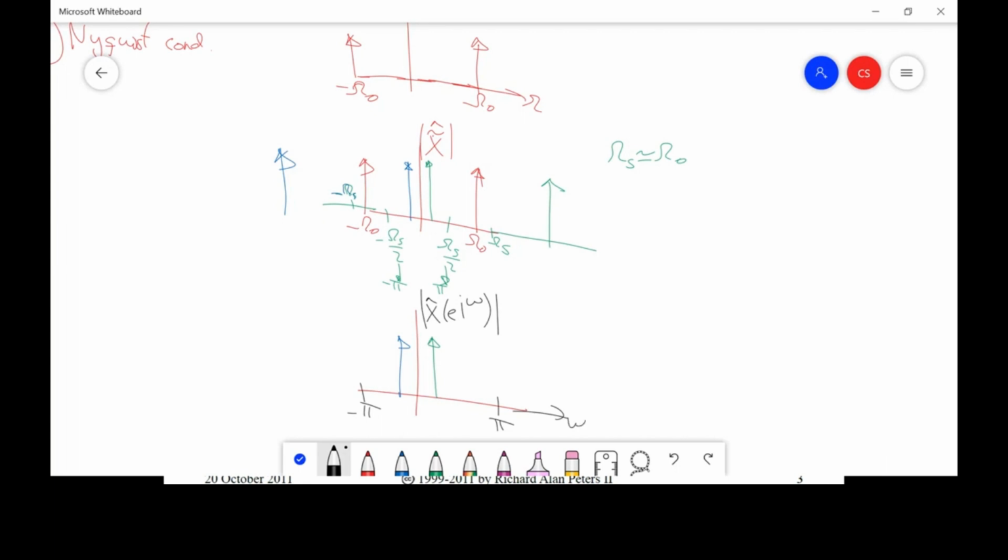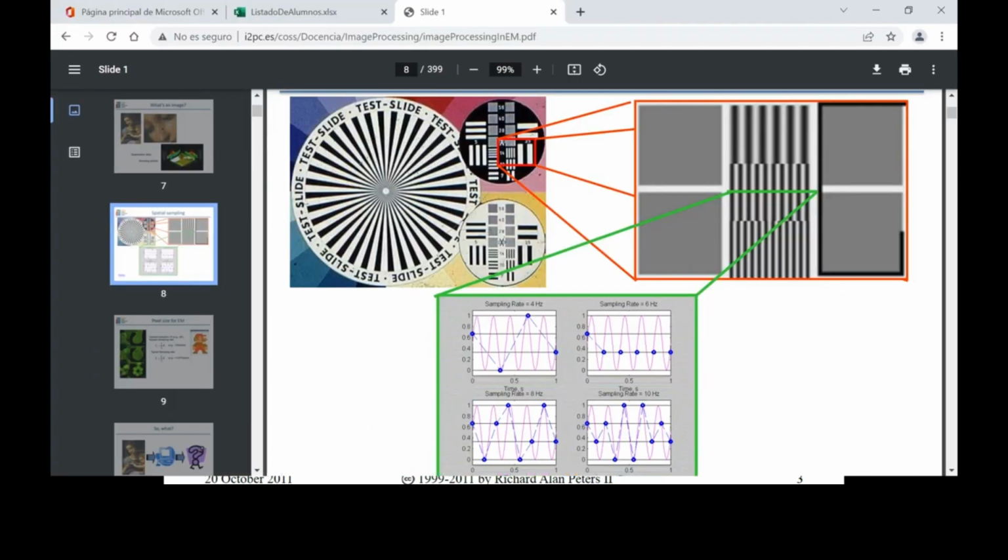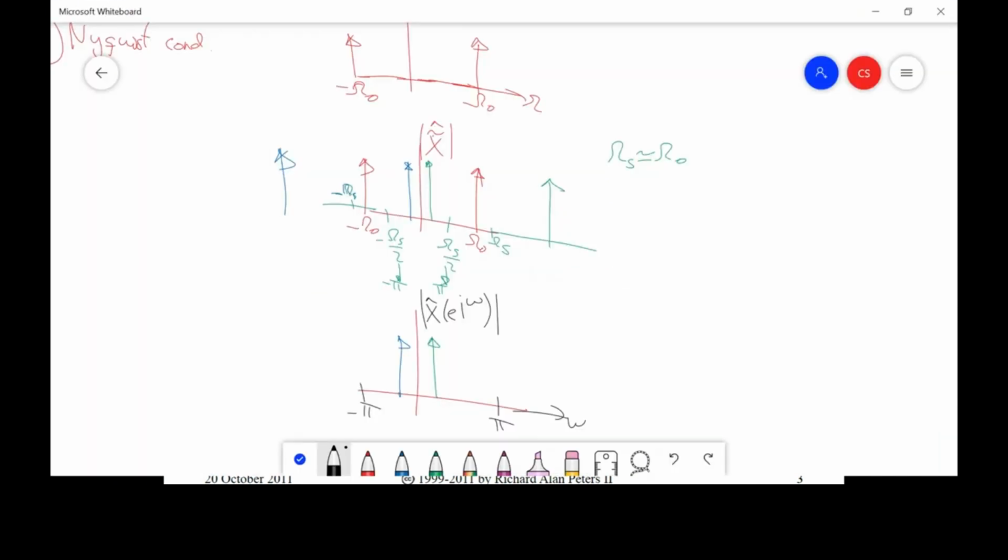You see, so with two sines, or one sine that is of relatively high frequency, it appears as if the sine is of very low frequency. This is what's happening here. So from the blue points, it seems like a low frequency sine.